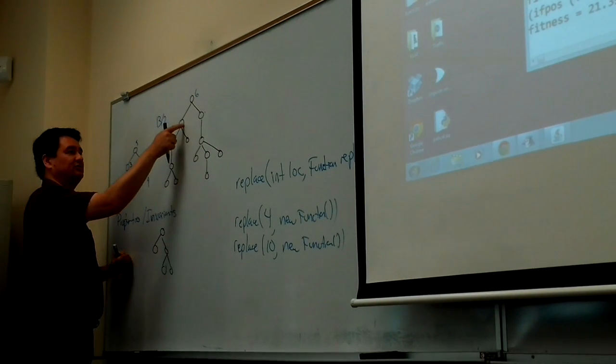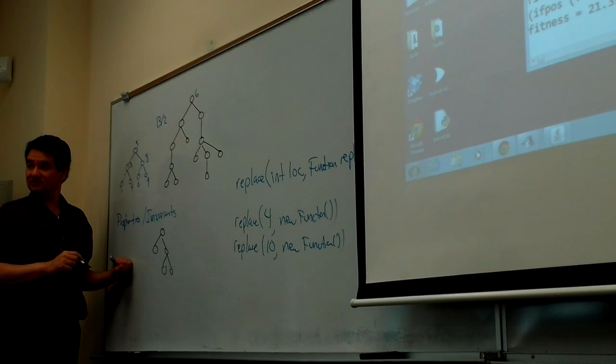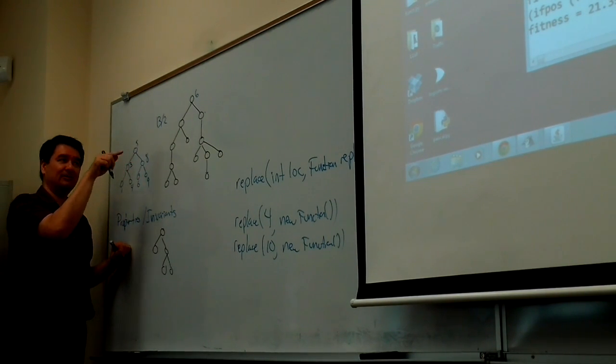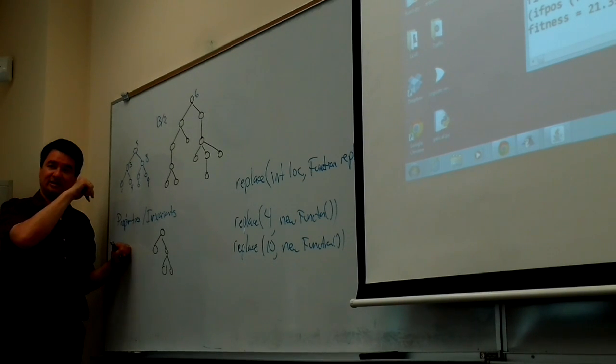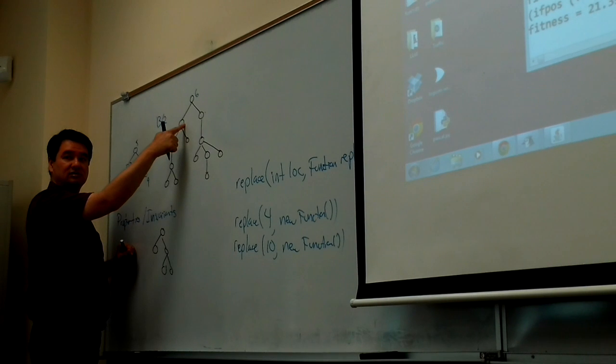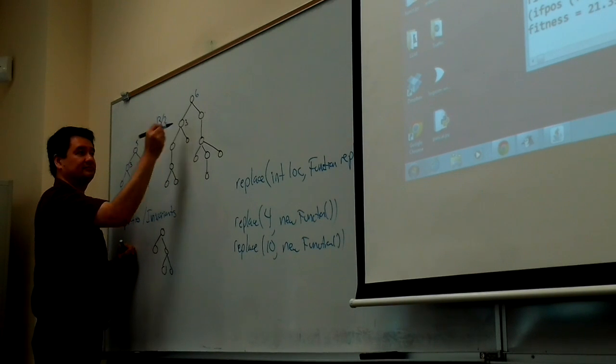So, which one is this? Number of nodes divided by 2? So if we come up with a property that says that every node is numbered by the number of nodes divided by 2 below it, then this would be node number 3. 1, 2, 3, 4, 5, 6 divided by 2, 3.